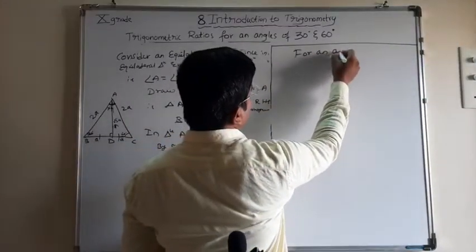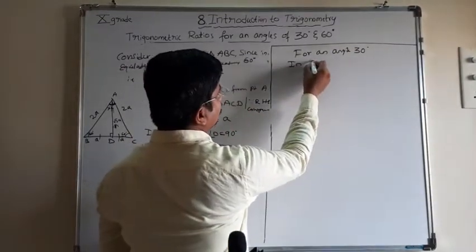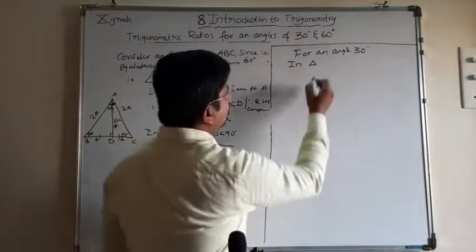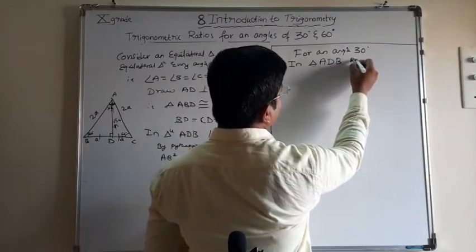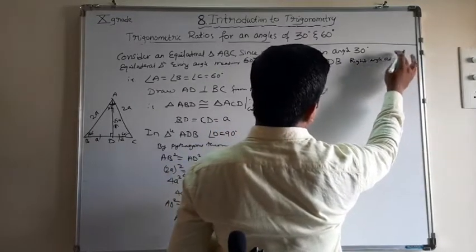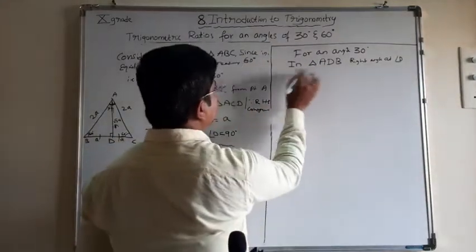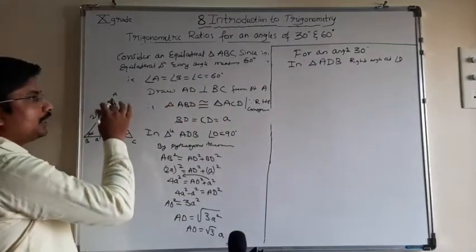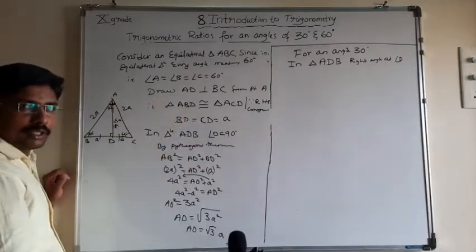For an angle of 30 degrees, consider triangle ADB, right angle at D. Now we have to find all the trigonometric ratio values.